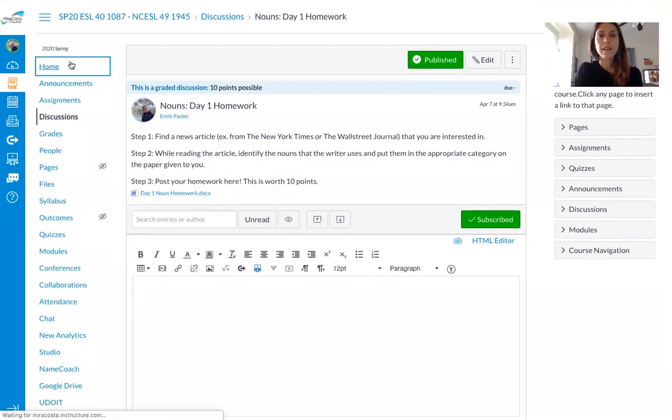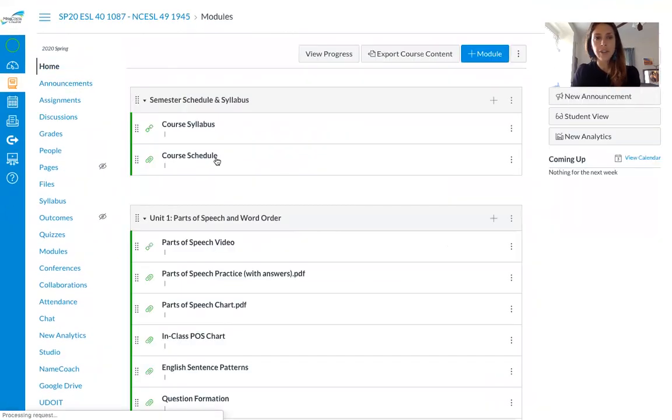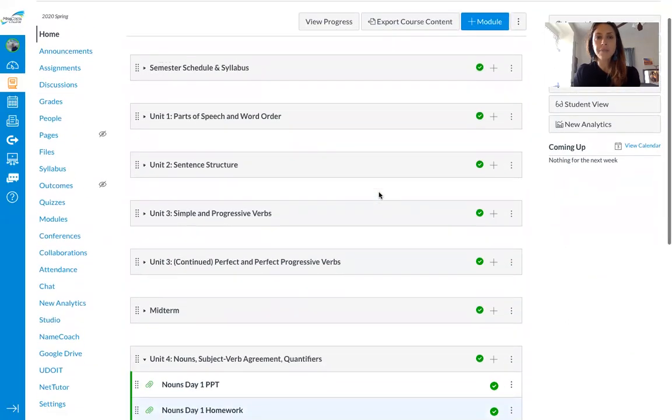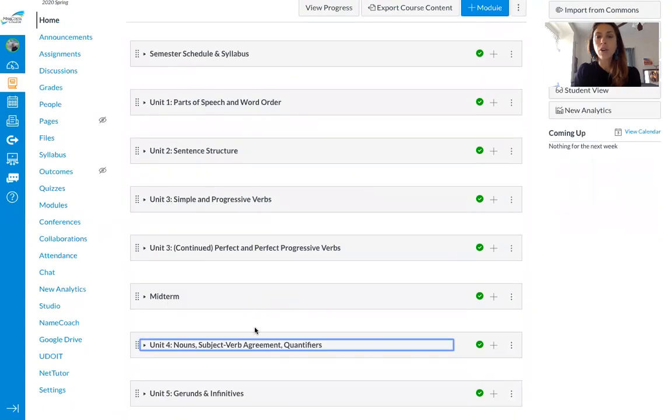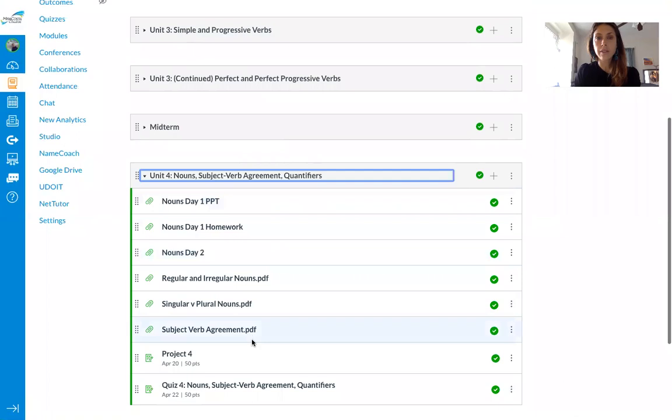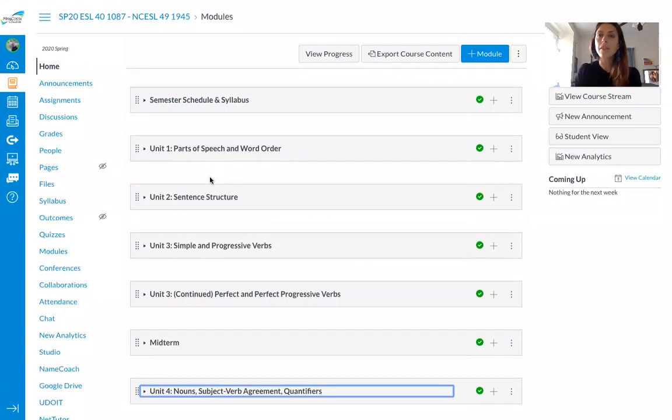So again, let's just review how we're going to get there. So you're on Canvas, okay? You can always go to Unit 4 under modules and go to the homework and go to the PowerPoint. That's just kind of for your directions. But what you're really going to do is go over to discussions.